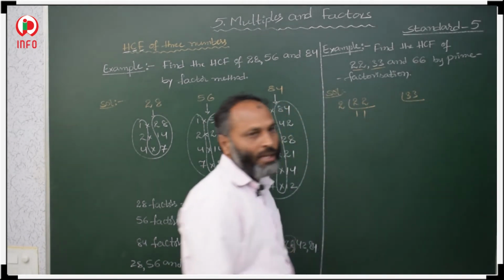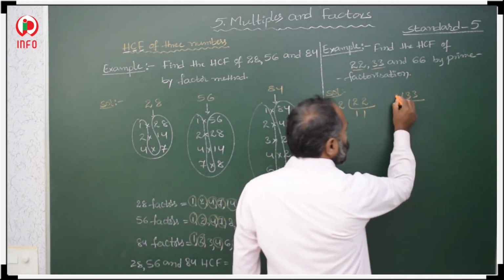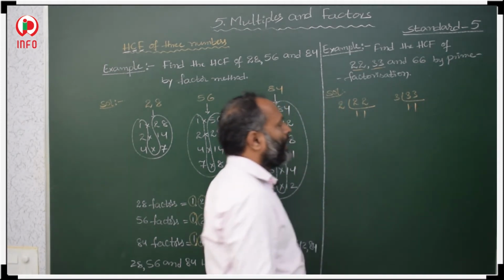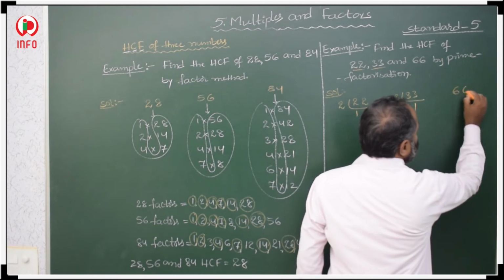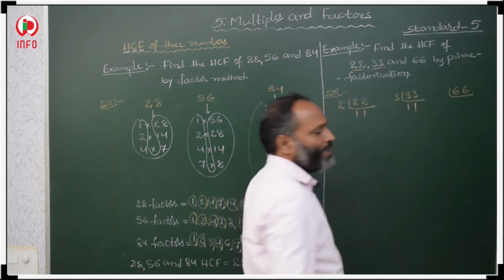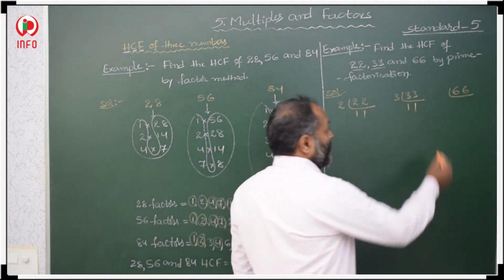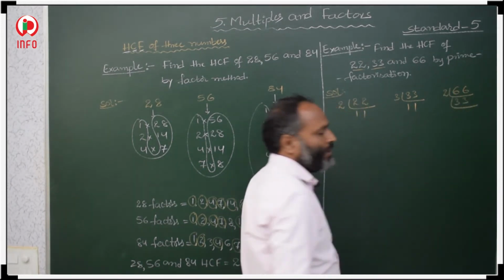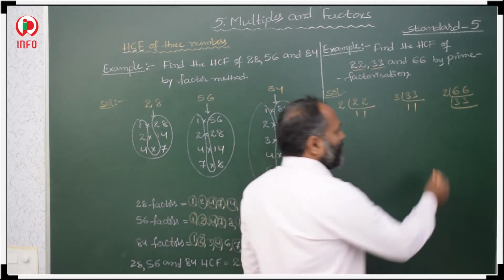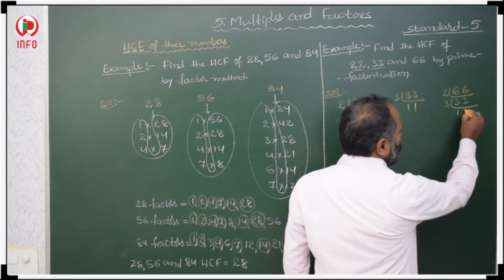Next 33 is divisible by 3. 3 11s are 33. Now 66. First this 6 is divisible by 2, so we have to use prime numbers first. 2 3s are 6. After that 33 is divisible by 3, 3 11s.